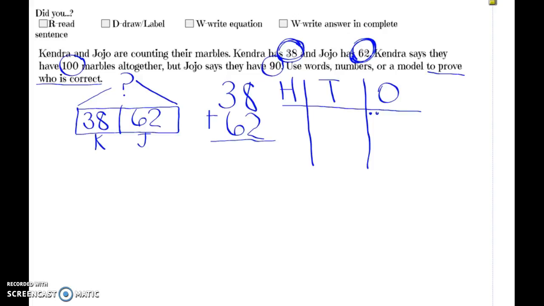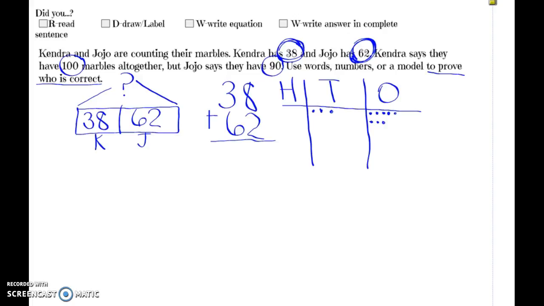There's 1 1, 2 1, 3 1, 4 1, 5 1, 6 1, 7 1, 8 1. And I have 3 tens. You can fill that in. 1 10, 2 10, 3 tens, and I now have 38 on my hundreds or my place value chart.